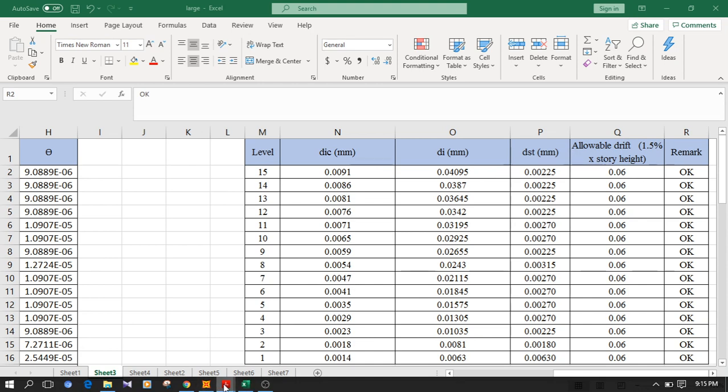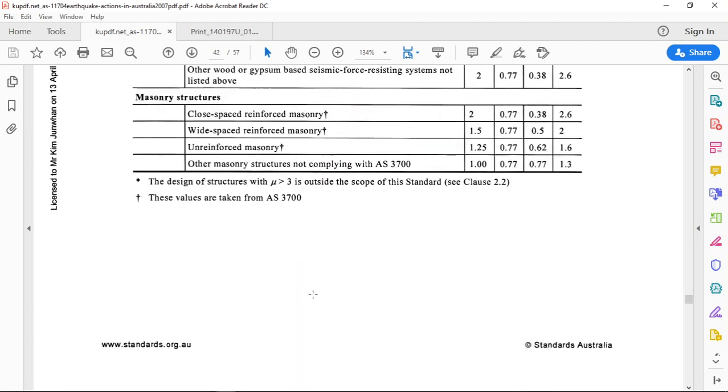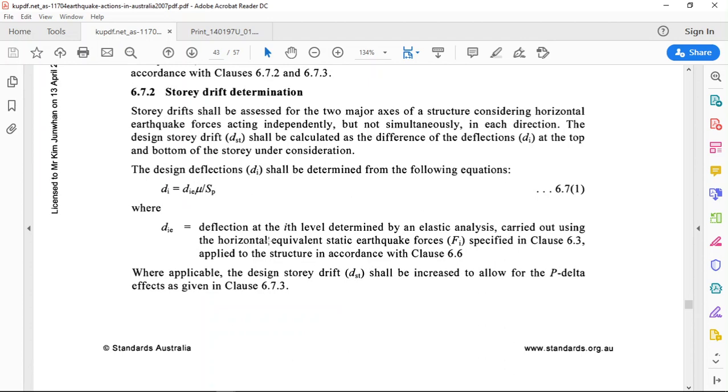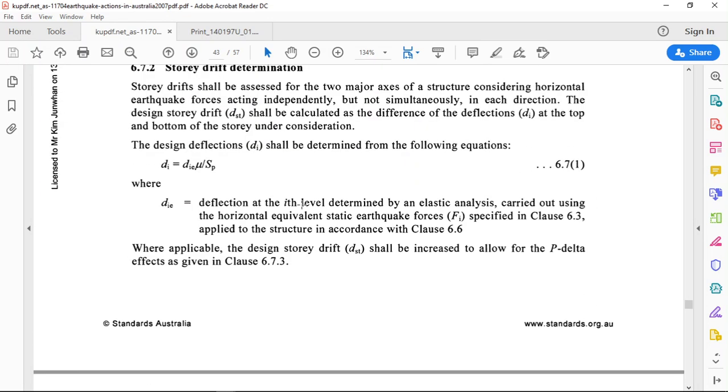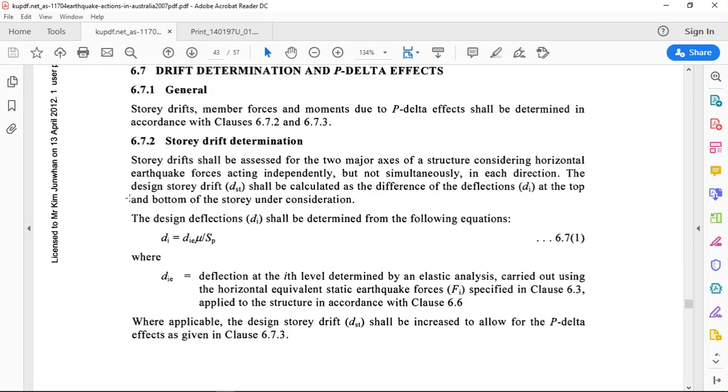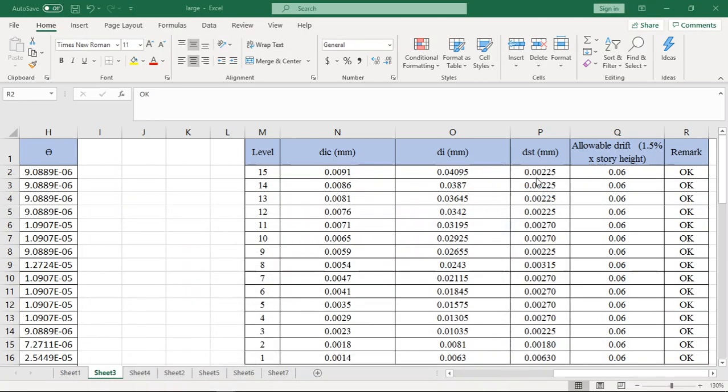And then from that you have to calculate the design story drift, the DST value. To get the DST value, you subtract the design deflection at the nth level from that at the n minus 1 level, and then multiply by the story height.